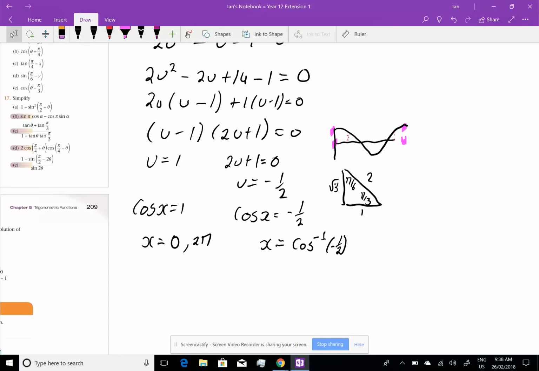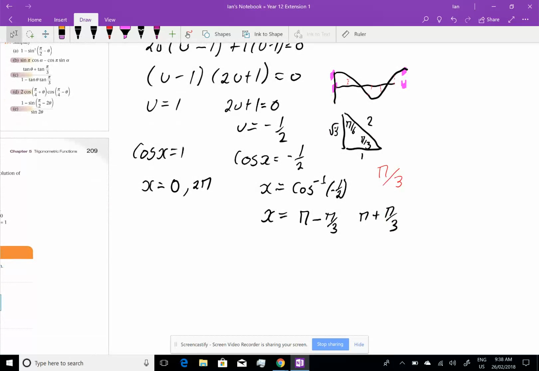Sorry, when I did it, I should have been looking at this value and this value. Once I get the acute angle, which is pi on 3, I need to go 180 minus it, and 180 plus it.